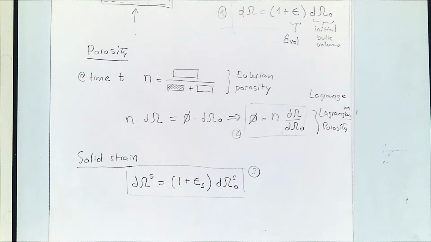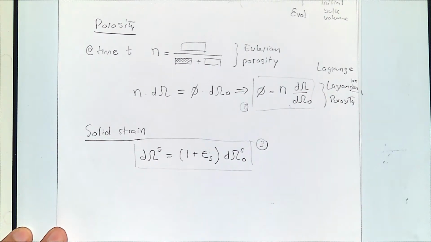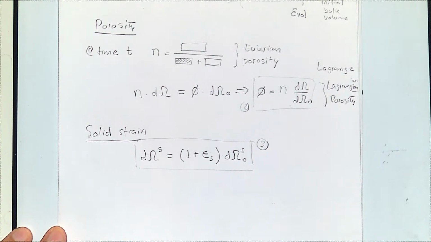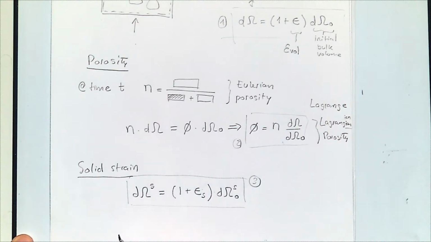You can do it on your own, if you don't believe the equation I'm going to write. Our objective is going to be to write the volumetric strain as a function of the strain of the solid and as a function of the change in porosity.